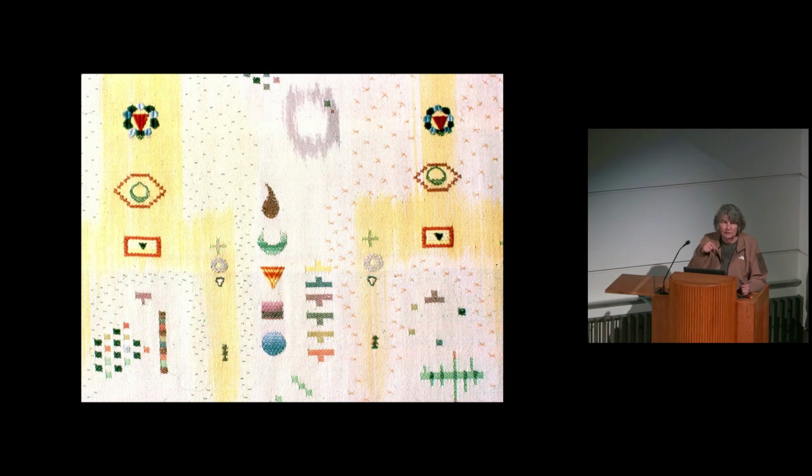And you can see that because of the way I was doing my imagery scattered all over, I was doing quite a lot of that changing of the shed. The back of this weaving, it's really interesting, is totally striped with color because I was changing the color of the ground weft that would show, but the warp was so dense that you didn't notice that, so it gave a uniformity to the ground.